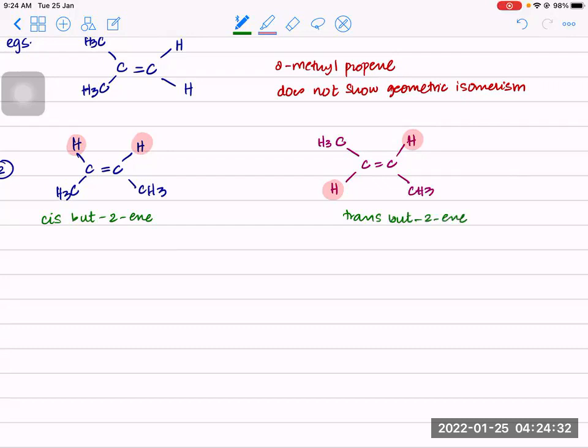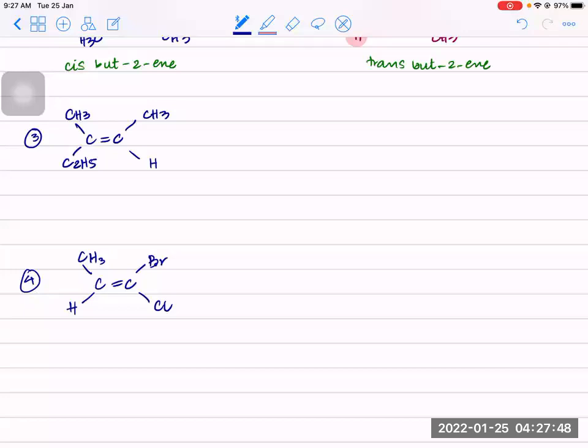Is this clear? Can you try to make the cis-trans of the other examples that I'm just going to write down? Hold on. All right, so let's see number 3. For number 3, you have a carbon-carbon double bond. So the first criteria is met. On this carbon, you have a CH3 and a C2H5. Are they both different? Yes. On this carbon also, are they both different?